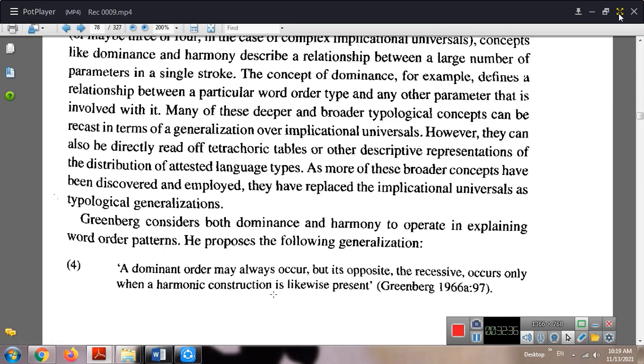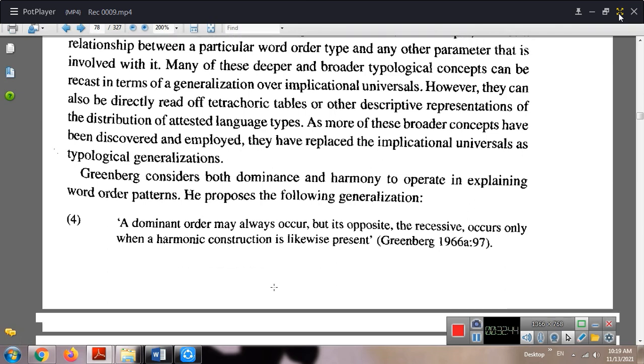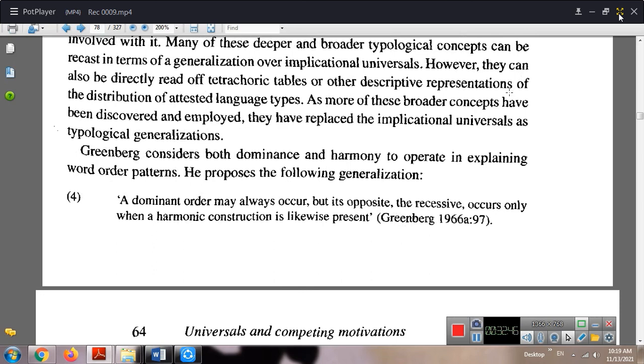Greenberg considers both dominance and harmony to operate in explaining word order patterns. He proposes the following generalization, based on these two concepts.